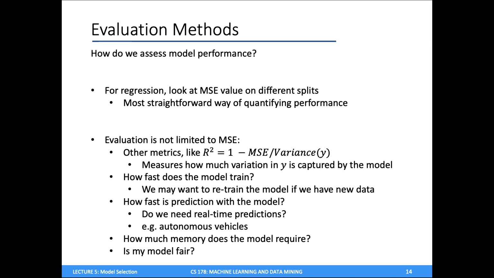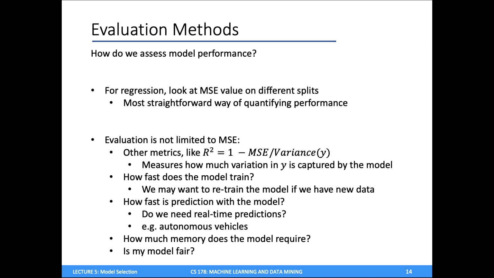Yeah, so R squared is a number between 0 and 1. 0 means your model is absolute garbage, and 1 means your model is perfectly fitting the data. So in some sense, it's the same idea as MSE. It's measuring goodness of fit, but it's normalized to be between 0 and 1.